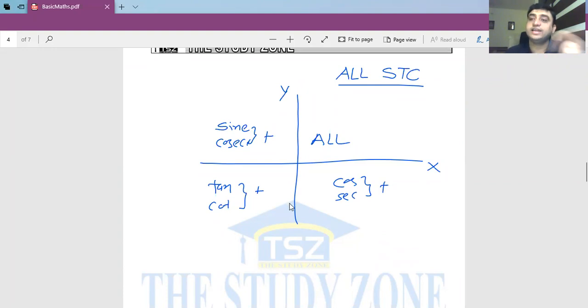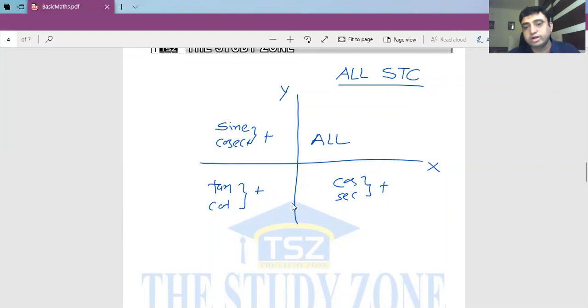It means the rest are negative. For example, in the second quadrant, sine and cosec are positive, so the rest four, cos, sec, tan, and cot, are negative. In the third quadrant, sine, cos, sec, and cosec are negative, and tan and cot are positive.